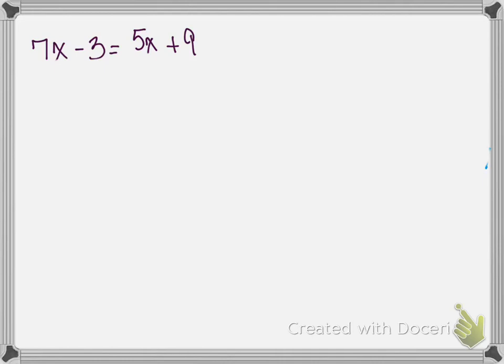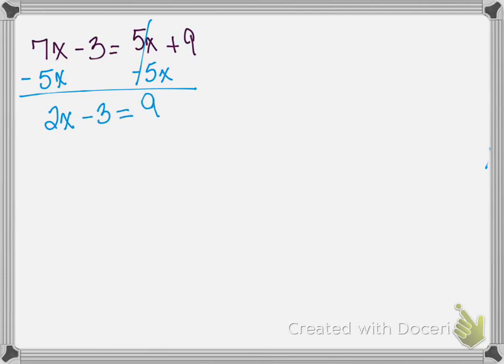So we're going to subtract 5x from both sides. Okay, so I am subtracting 5x from both sides. I'm left with 2x minus 3 equals 9.